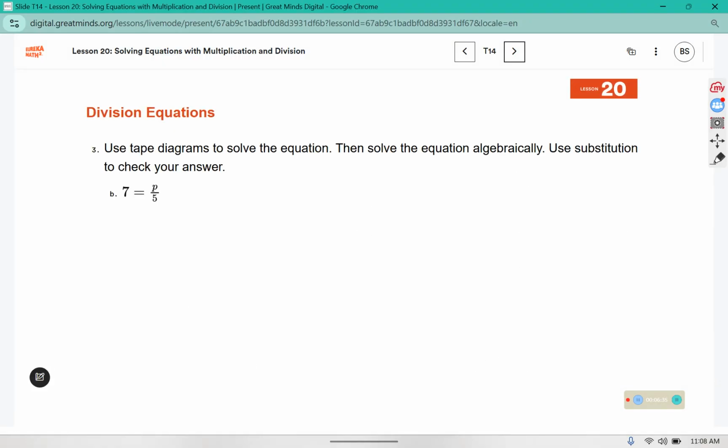Use the tape diagrams to solve this equation, then do it algebraically and substitute. So here I have p over 5 is the same as 7. In order to get a whole p, I'm going to need 5 of those.